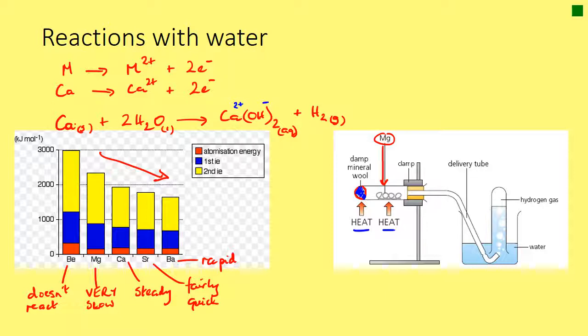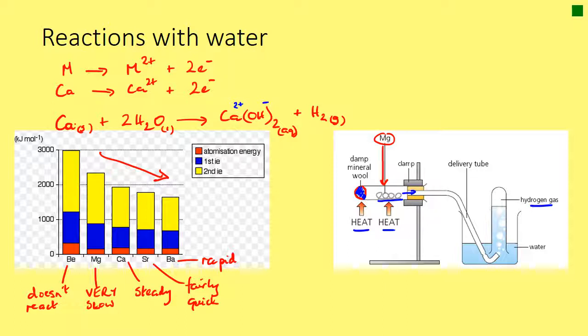All right, so then we would have it react, and it would react and turn into magnesium hydroxide. The magnesium hydroxide would stay here because it would be a solid. But the hydrogen gas that is evolved would come down our delivery tube, and we could collect it underwater like here, and you'd have some hydrogen gas.